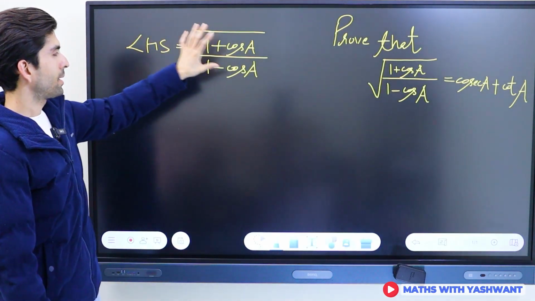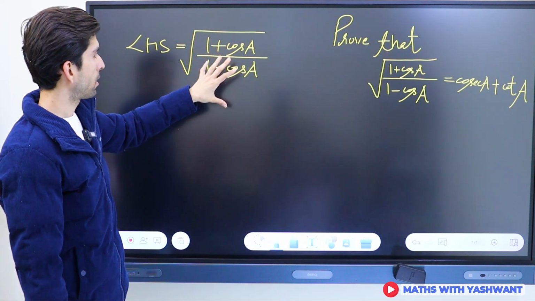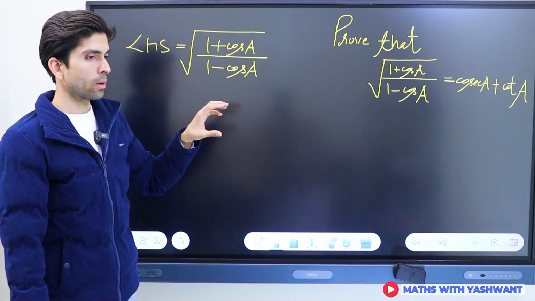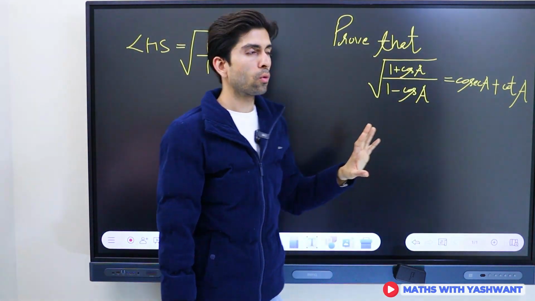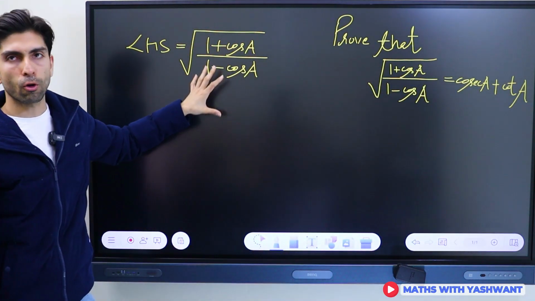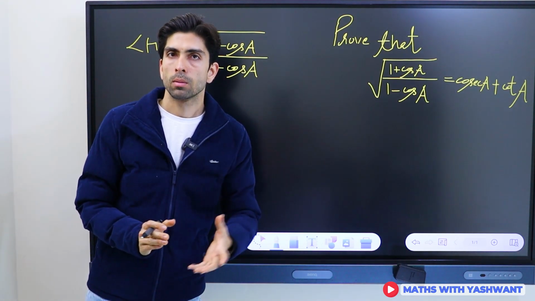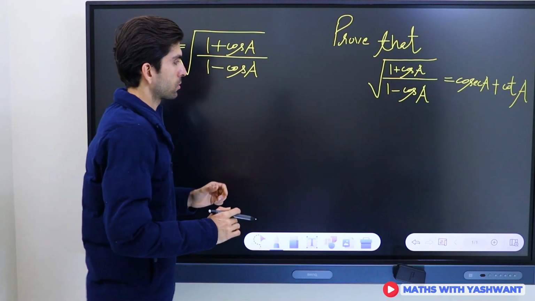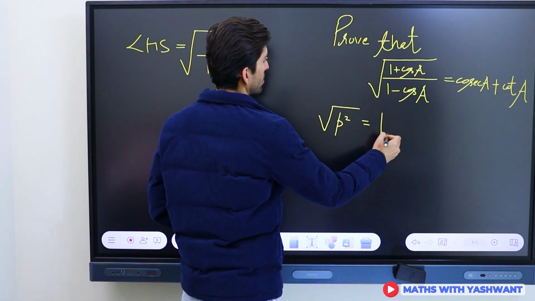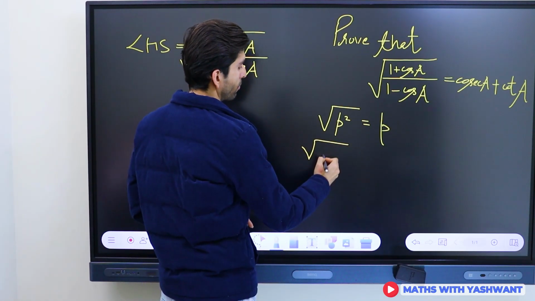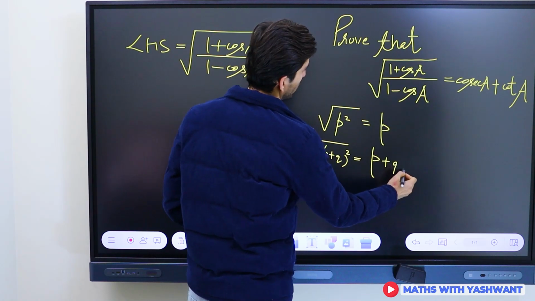Now, to get the idea of how to simplify this square root expression, look at the right hand side expression: there is no square root sign. So we have to make this expression free from a square root. And how do we make an expression free from a square root? Perhaps you know that. I'll give you a little idea. If we have p square in the square root, then we can write it as p. If we have p plus q whole square in the square root, we can write it as p plus q.